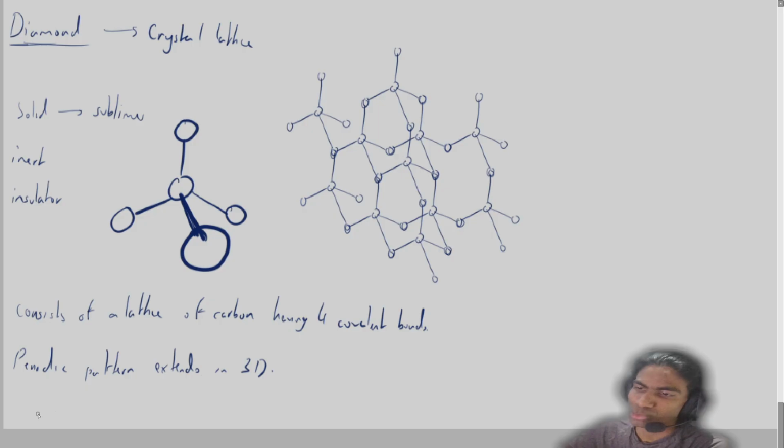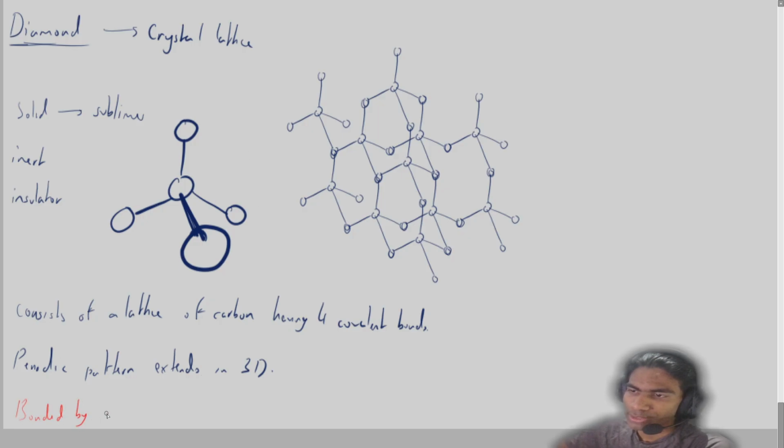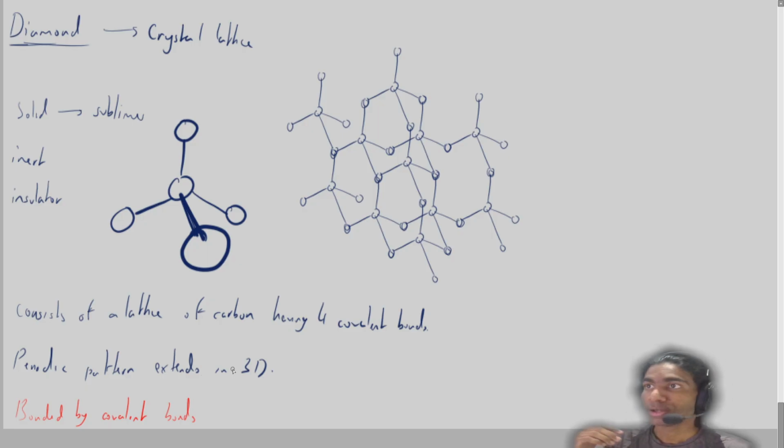And the reason why it's so tough is because rather than being bonded by intermolecular forces, it's bonded by stronger intramolecular forces of covalent bonds. So when you're trying to heat it up, you're not getting rid of the weaker intermolecular forces. You are trying to get rid of the intramolecular forces, which require way more energy for you to get rid of. Okay, and that's the telling feature of diamond.